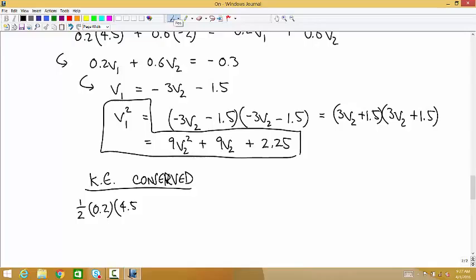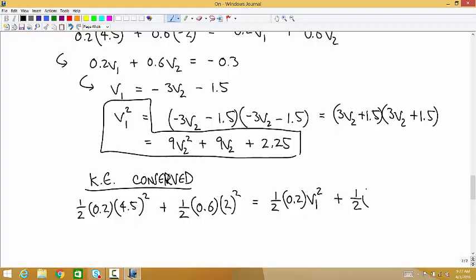Okay, so the kinetic energy equation says 1/2 times the mass of the first one times its speed squared plus 1/2 times the mass of the second one times its speed squared, before, is equal to 1/2 times the mass of the first one times its speed squared after, plus 1/2 times the mass of the second one times its speed squared after.